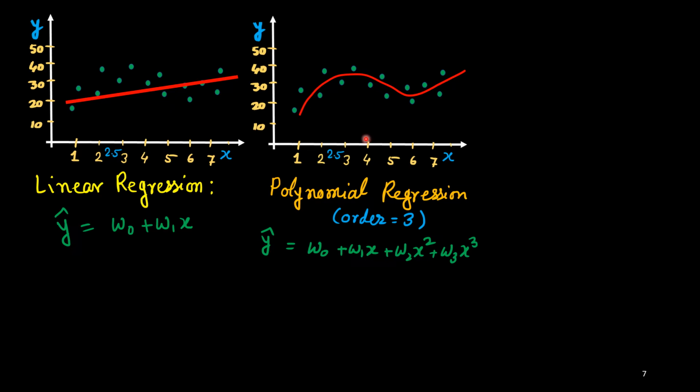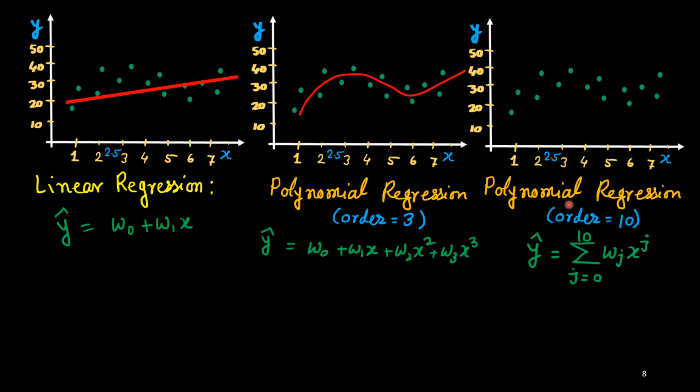So we can again try to minimize the error. We can try to find one curve that will pass through all the points. Then only will the error become exactly 0. If we increase the order of the polynomial, we can attain that kind of situation. If we consider order 10, y hat is the summation of wj x to the power j, where j equals 0 to 10.